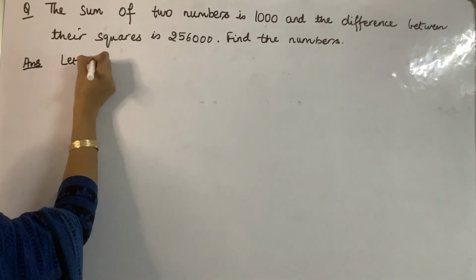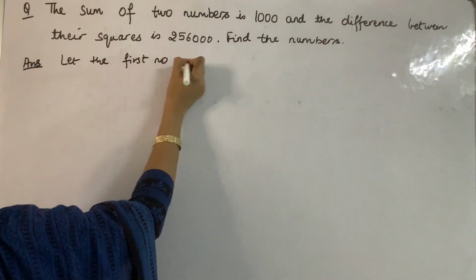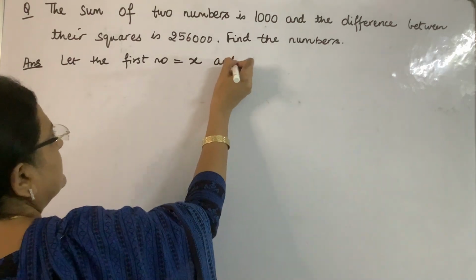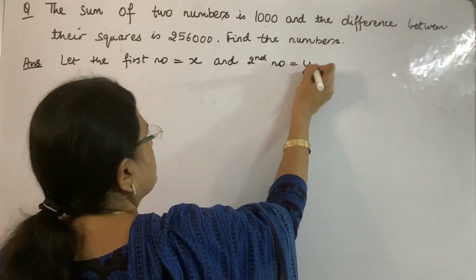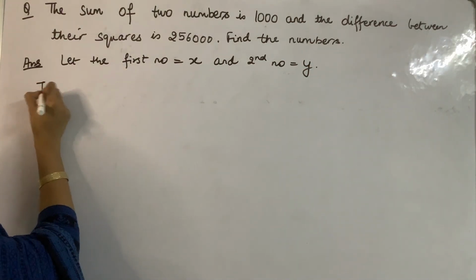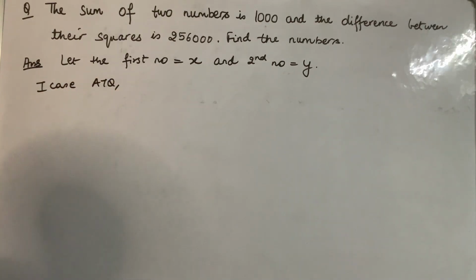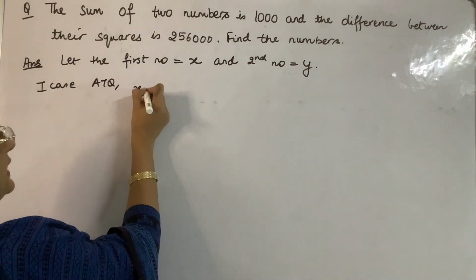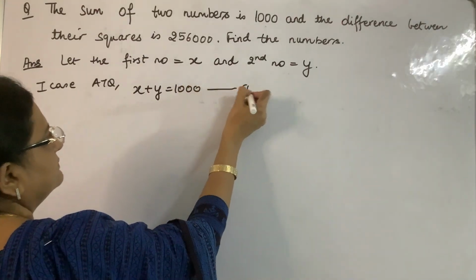Let the first number be x and the second number be y. Now first case, according to the question, the sum of two numbers is 1000. That means x plus y is equal to 1000.